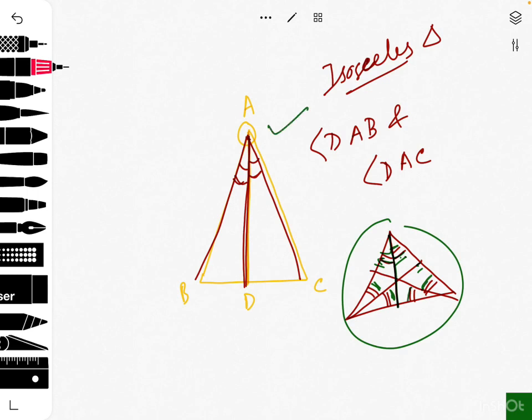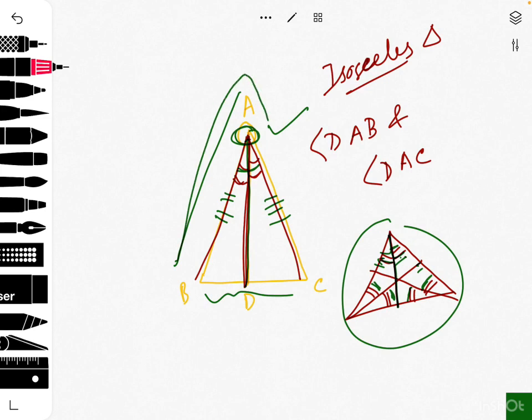In the isosceles triangle, only these two sides are equal, this side is not. So whenever we draw a median from the intersecting point of these two equal sides, this median will definitely bisect angle BAC into two equal parts. Keep it in your mind very clearly.